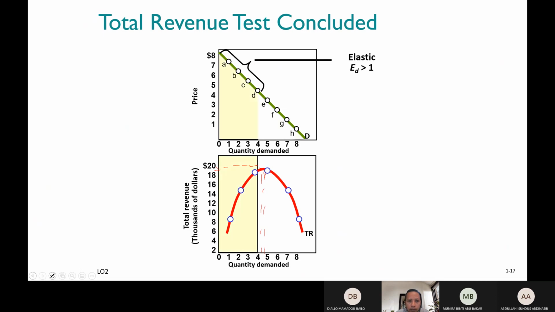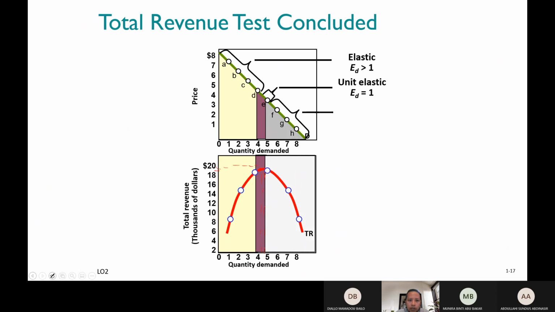Yeah, so basically during the early parts from A to D, the price elasticity of demand is elastic. From D to E, it is unit elastic, and then finally E to H, it is inelastic. Okay, so at different situations, the elasticity may change.